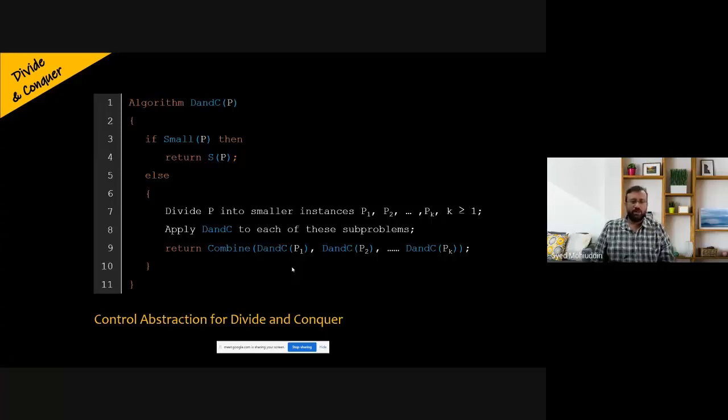What we mean by control abstraction is that this algorithm just gives us the general idea of how to do it. It doesn't describe what the small function does, what the S function, that is the solution function, does, how to divide those instances P1, P2, P3, and how to combine. Obviously the recursive call will be the same. So the functions used here, small, solution, combine, are all abstract functions.